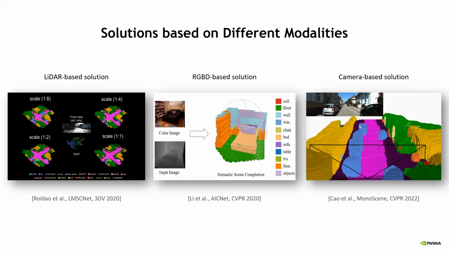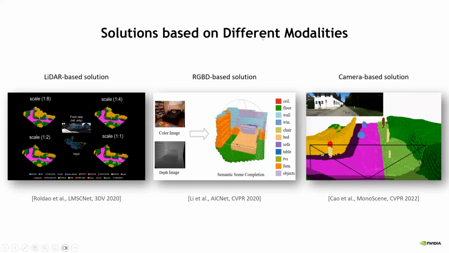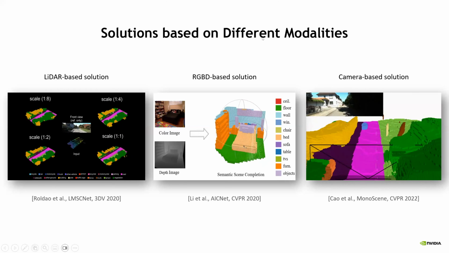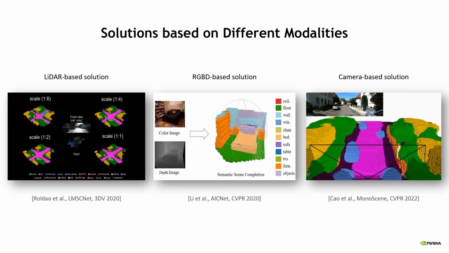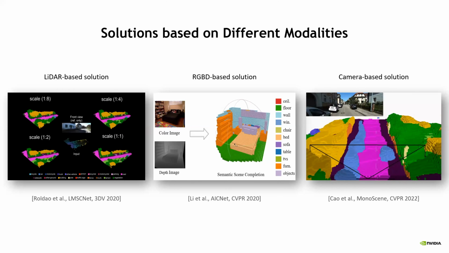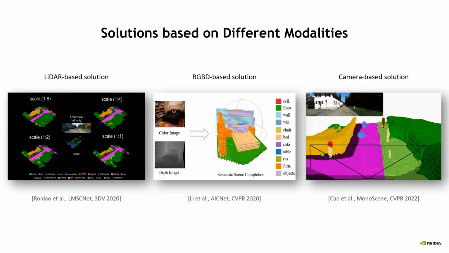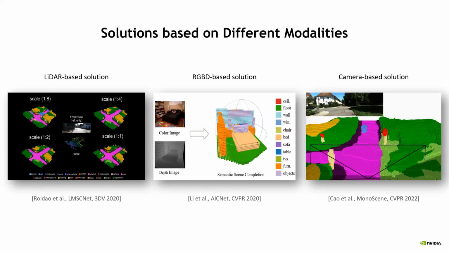We have LiDAR-based solutions, and solutions based on RGBD cameras where you have the additional depth modality. And then, of course, there are works that start to address camera-based occupancy prediction.